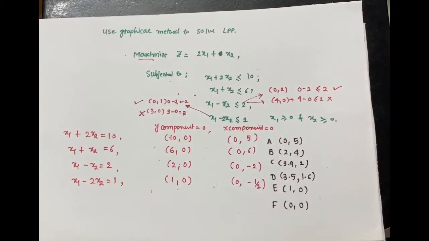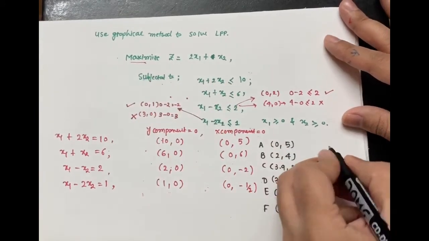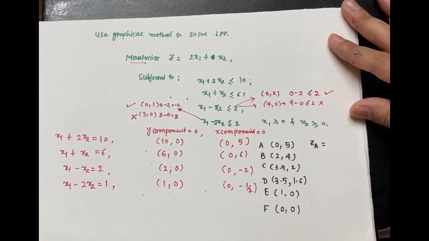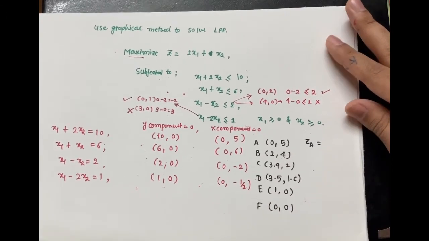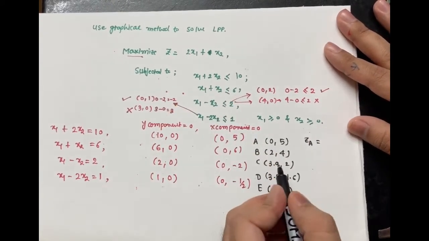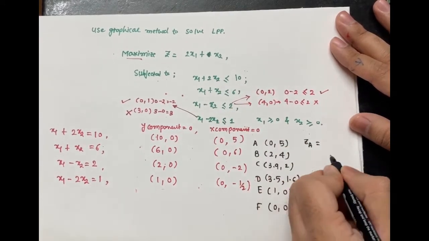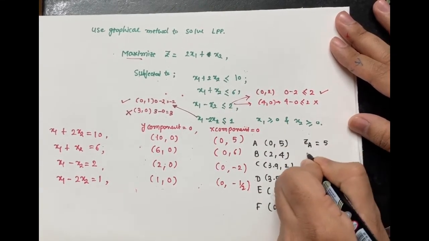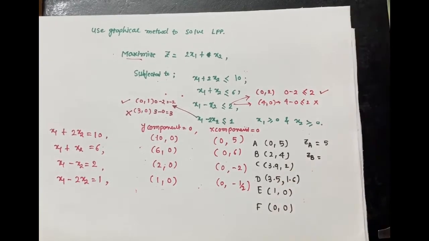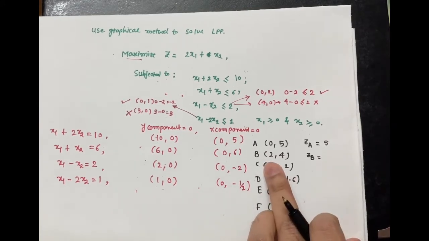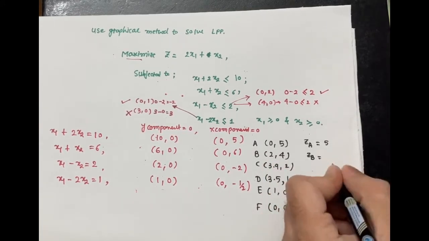This many points I got as the common region for all these 4 constraint equations. Now I put them in the function Z equals 2x1 plus x2. For A, x1 is 0, x2 is 5, so ZA is 5. What is the value of ZB? 2 into 2 is 4, plus 4, that is 8.